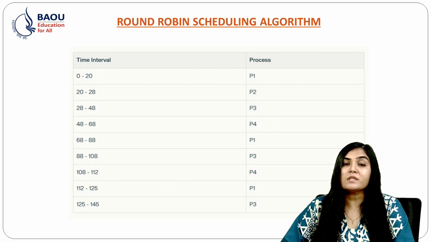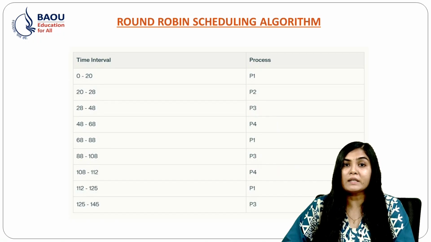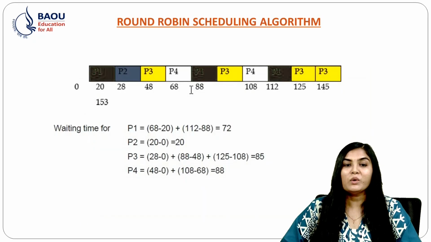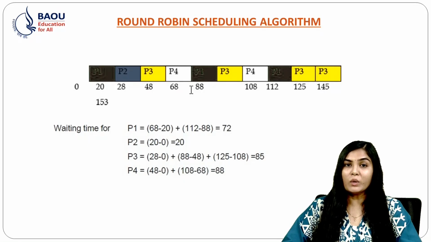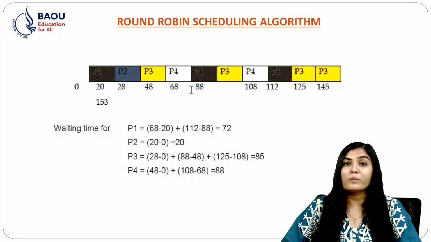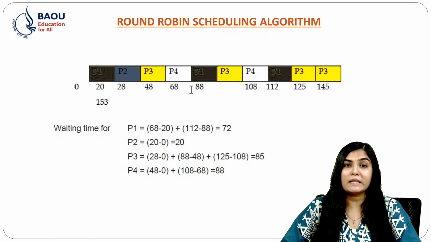For the process P2, the wait time will be from 0 to 20 milliseconds. So, if we calculate the waiting time, it will be 20 minus 0, so it will be 20 milliseconds. For process P3, the wait times will be from 28 to 88 milliseconds and from 108 to 125 milliseconds.